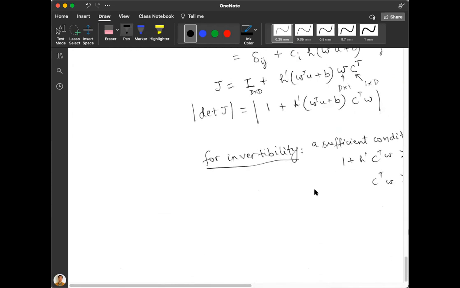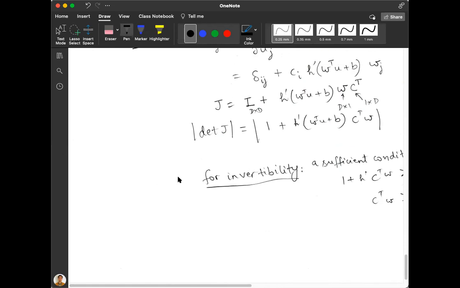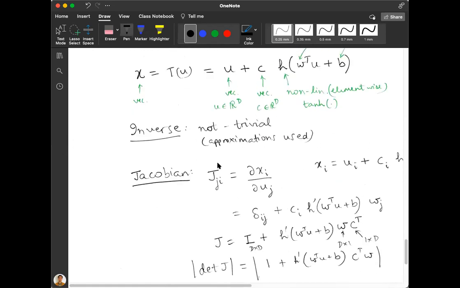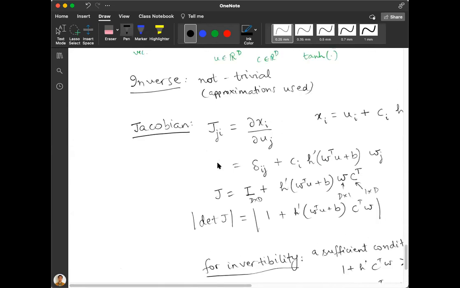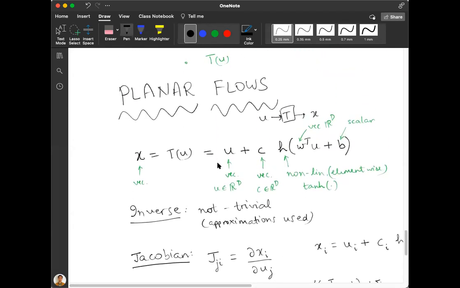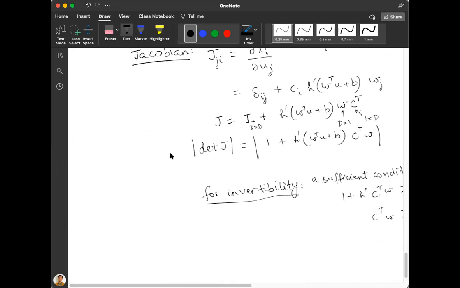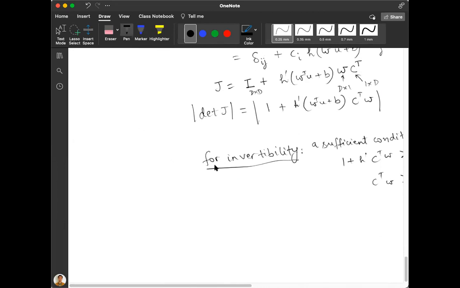This has one limitation: you cannot use it both ways. But this is a historical development, because normalizing flows were developed and planar flows were an important way to find your normalizing flows.